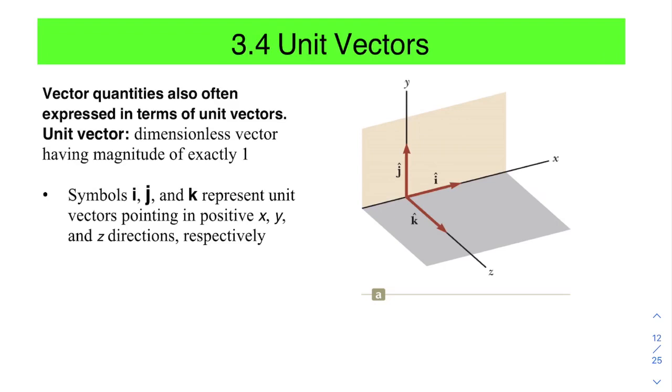If you are talking about 10i, it means that the vector is pointing along x but with 10 times the length of this particular 1 unit, or 1i. The same goes for j, the unit vector for the y-axis, and k is the unit vector for the z-axis.